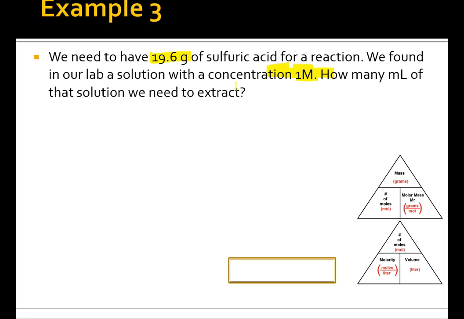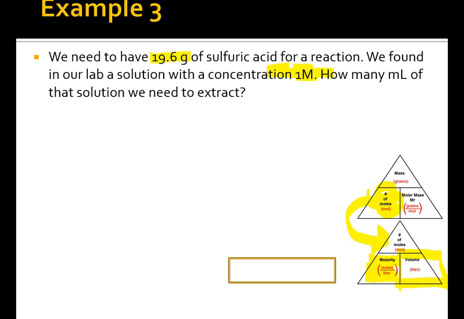We have the molarity, so we can see that the molarity is the number of moles divided by the volume. The problem is that we don't have the number of moles. So first we need to calculate the number of moles using the mass over the molar mass, and then we are going to plug it in here to obtain the volume desired of the solution that we want to prepare or we want to use.